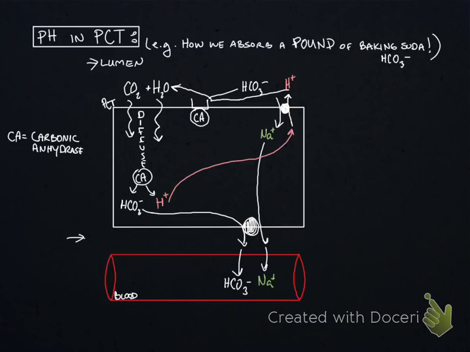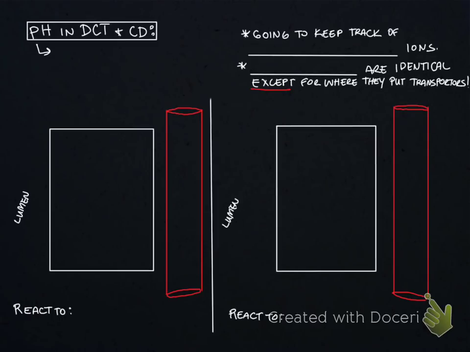So this is general. We're not really fine-tuning our filtrate here. There are different cells that help to fine-tune our filtrate in order to maintain pH. And that was with our distal convoluted tubule and then our collecting duct. So we already talked about principal cells.